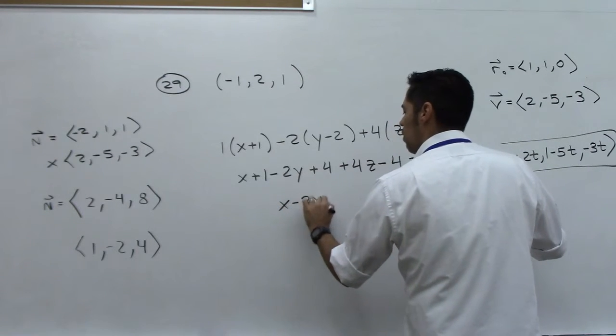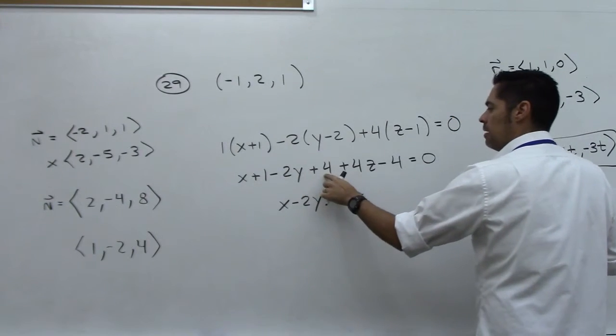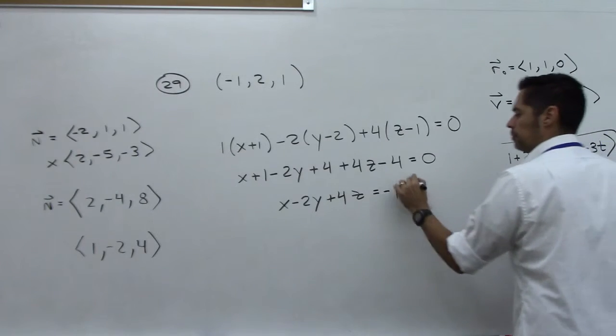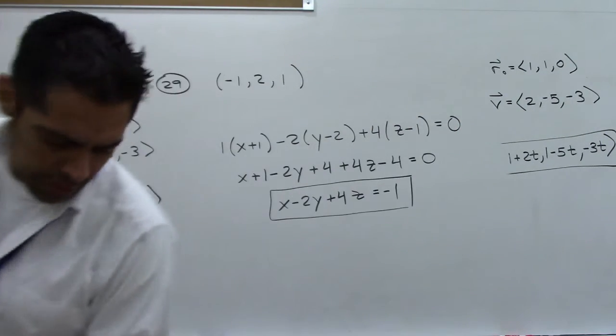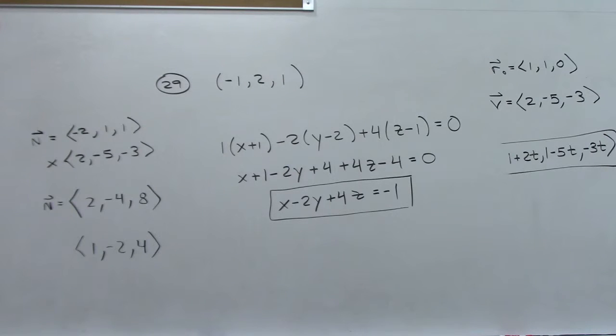So x minus 2y plus 4z equals negative 1. Let's see, this is number 29. Check this real quick. x minus 2y plus 4z is negative 1. There we go. That's it. That's cool, man. I hope that made sense.